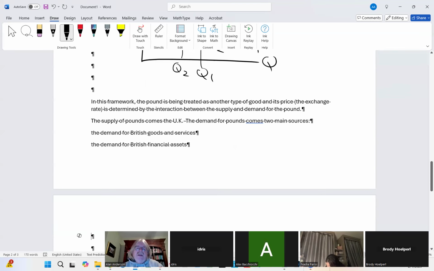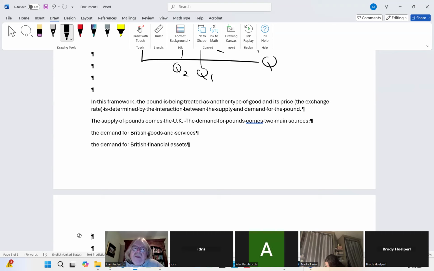So really the two main things that you might do with British pounds as an American are buy British goods and services, in other words, imports, or invest in British financial assets like British stocks and bonds, or maybe keep your money in a British bank account. So the supply and demand are a little bit different than for a normal product.